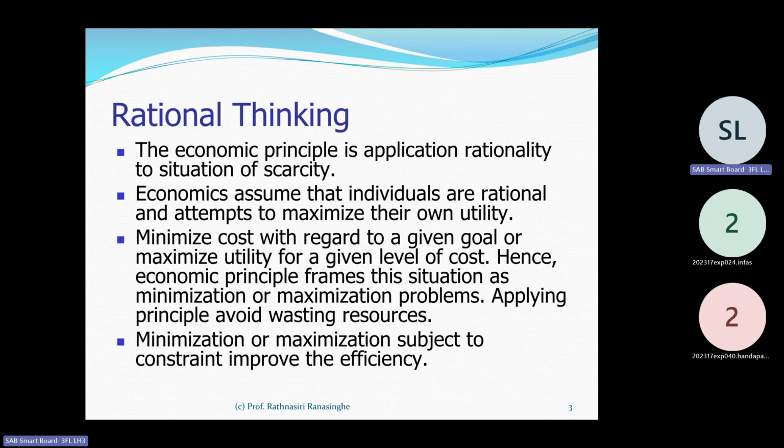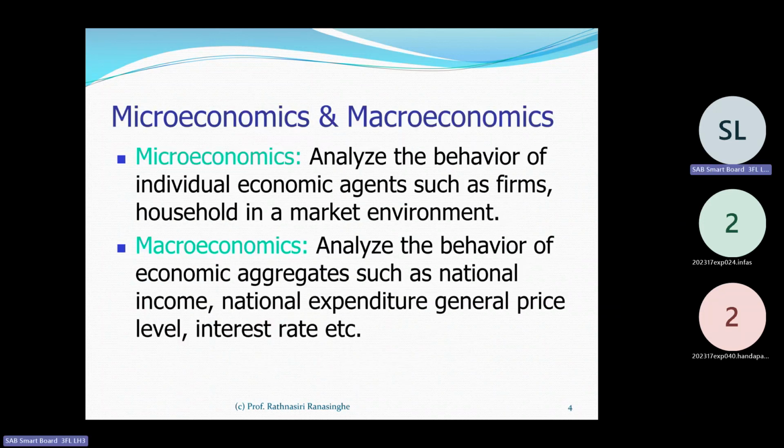Now, another thing is micro and macro. Microeconomics talks about the small, basically the individual behavior. How the consumer behaves with the market impact. From that, you studied consumer behavior.